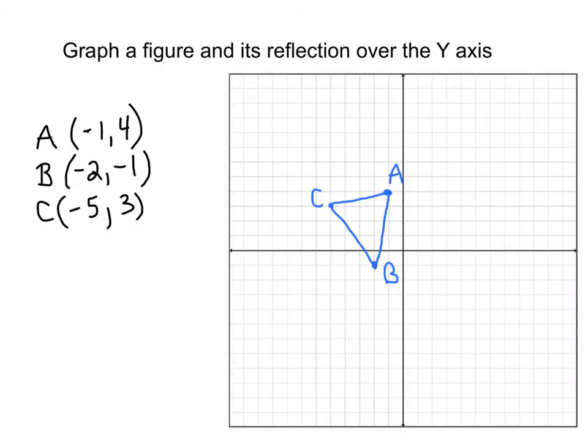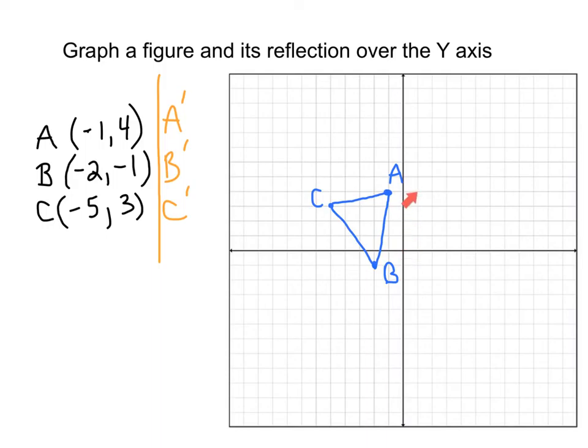So now if I reflect this over the y-axis, my y-axis goes up and down, I'm going to have a new point A, a new point B, and a new point C. Remember to put the little slashes by them because that means the new point. So we are reflecting it over this line. My new point A is going to end up right here. It's going to be the same coordinate on the y-axis, but it's going to be the opposite on the x-axis.